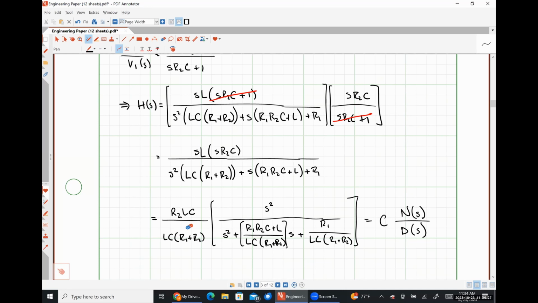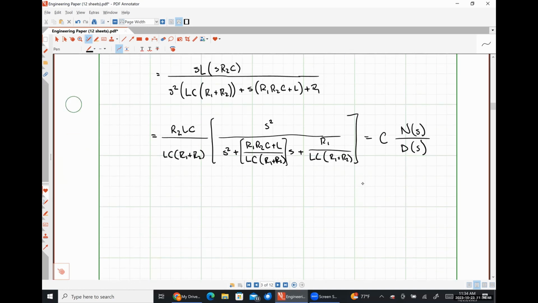Okay. So regardless of my algebraic mistake here, we have a second order polynomial in S in the numerator, so we're going to have two zeros. Second order polynomial in S in the denominator, we're going to have two poles.